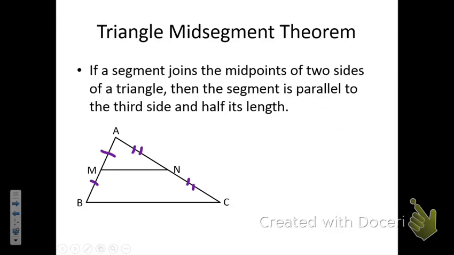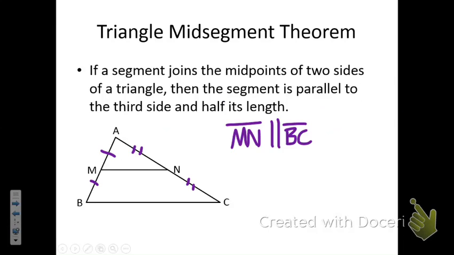Then it's telling me that segment MN is parallel to the third side. So which side would MN have to be parallel to? Yeah, BC. So we know that MN would have to be parallel to BC, okay, by this theorem.